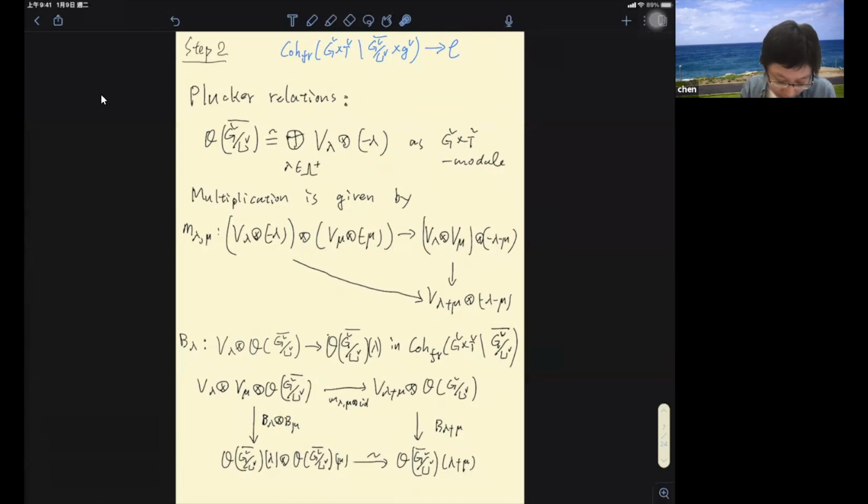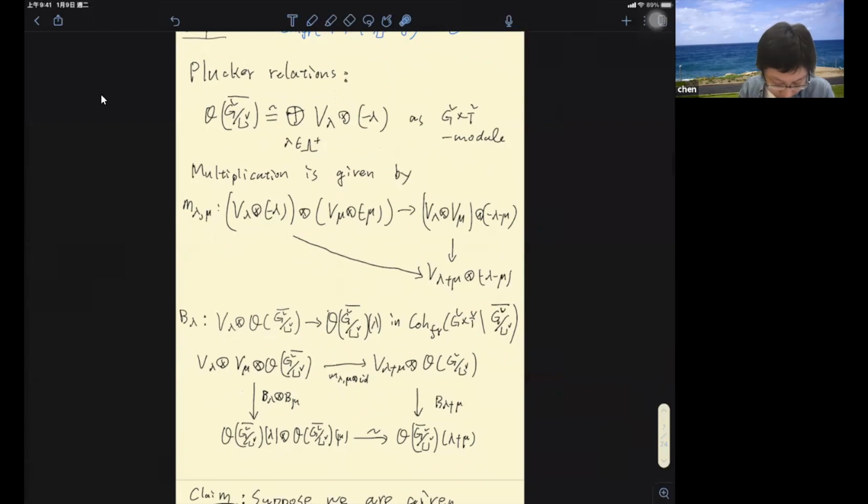And these multiplications give rise to a map B lambda here, which is induced by multiplication. So it gives a map from V lambda tensor minus lambda times the ring of functions to here. Then you just multiply by lambda on both sides, and you get this map.